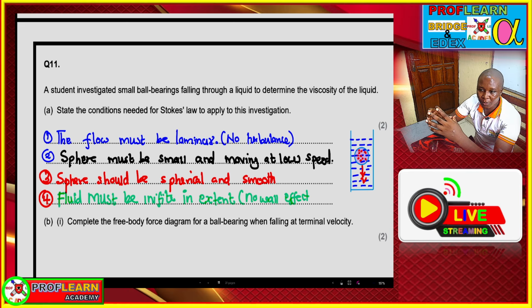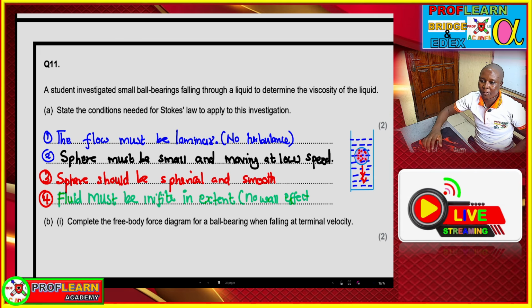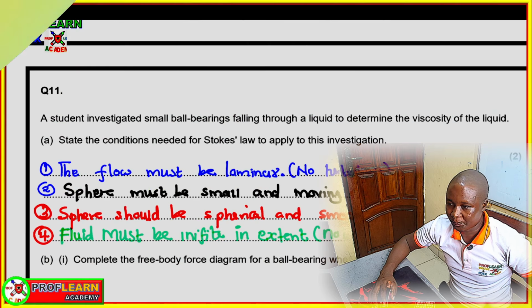The sphere should be small and moving at a low speed. The sphere should be spherical and smooth. The moment you have a rough sphere, it means you are going to have a turbulent flow, and that is going to affect the motion.